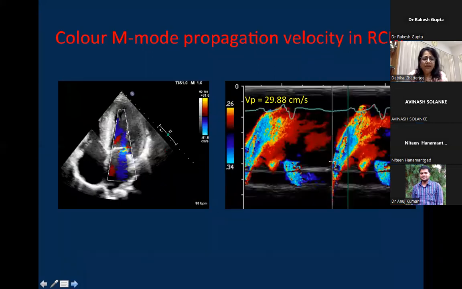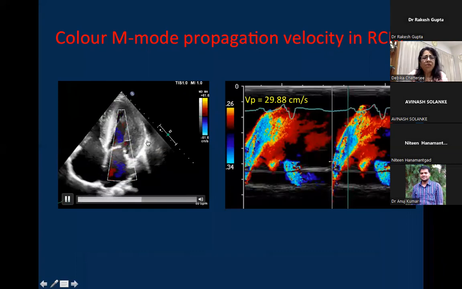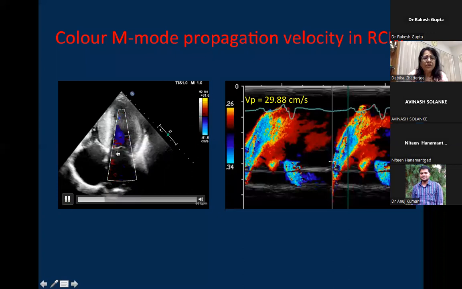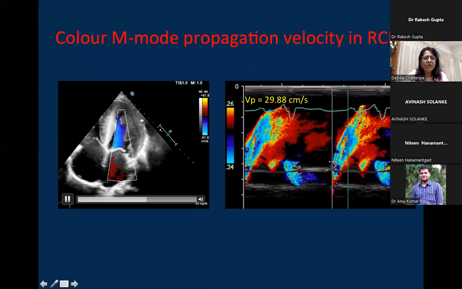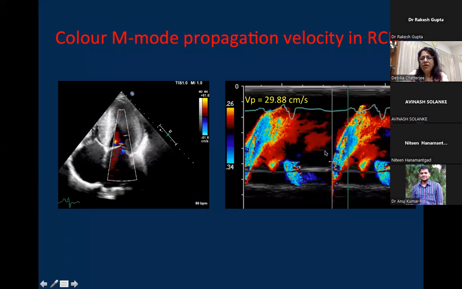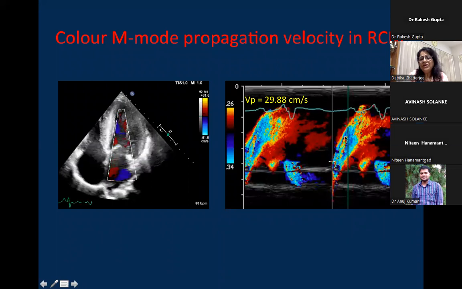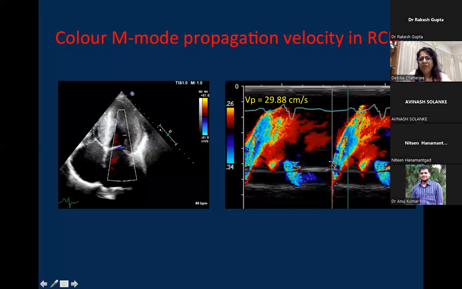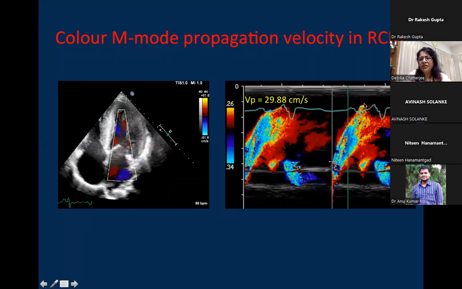On the other hand, if you look at this patient, this is a cardiac amyloidosis, thick myocardium with biatrial enlargement. Look how slanted the flow propagation of the blood is from the base towards the apex.